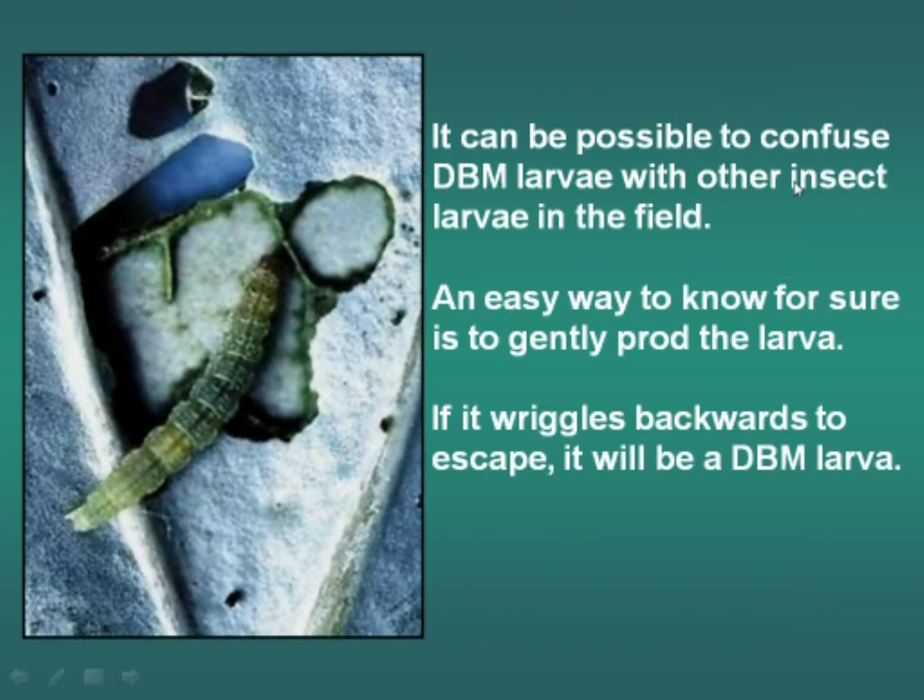But also an easy way to tell is to just gently prod the larva from the front end, and if it wriggles backward very quickly, it's a diamondback moth larva. If it tends to coil up or just fall off the plant without any of that wriggling motion, it's most likely a looper larva or perhaps a Bertha armyworm larva or some other species, but not diamondback moth.